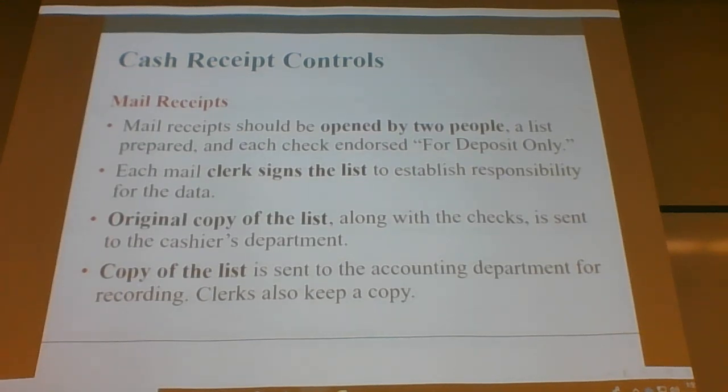Let's see here, what else do we have? Each mail clerk signs the list to establish responsibility for the data. Now, if they collude together, they can get past this and we can have a problem, but I just want you to understand this is a control method here.